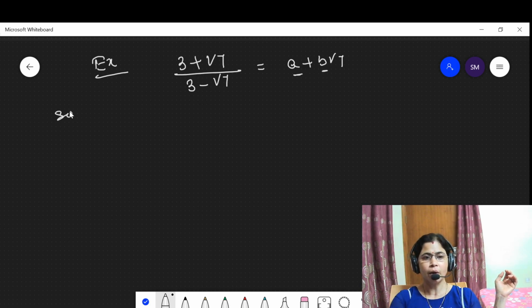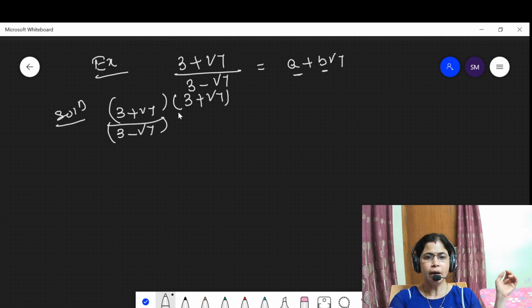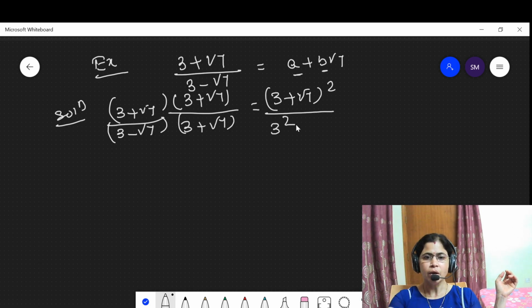Now solve. Take 3 plus root 7 upon 3 minus root 7. Then simply multiply 3 plus root 7 in the numerator and in the denominator. Then the numerator is in the form a plus b whole square, 3 plus root 7 whole square, upon a plus b into a minus b, which is a square minus b square.